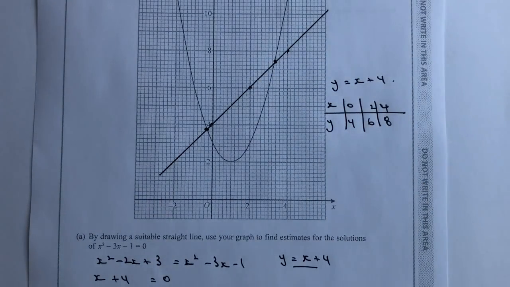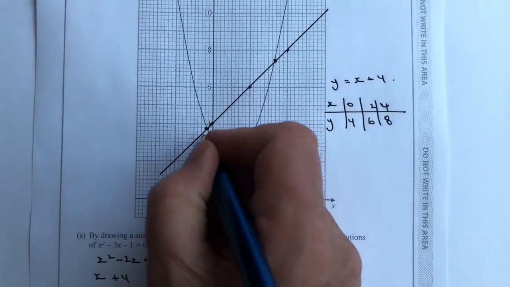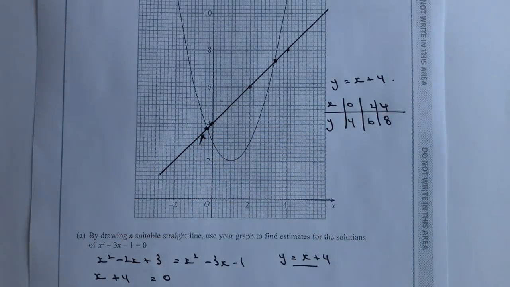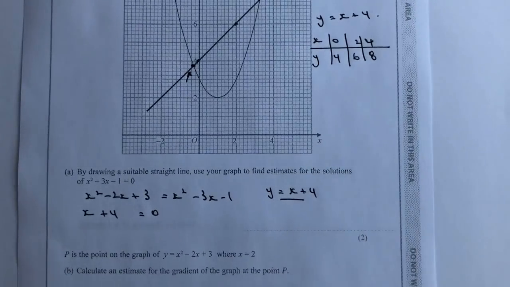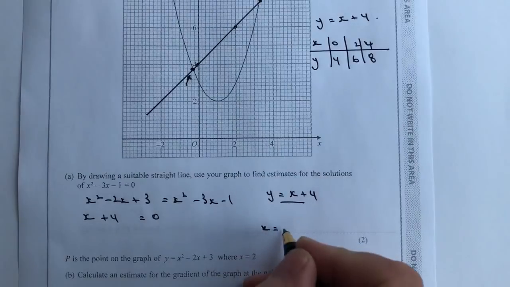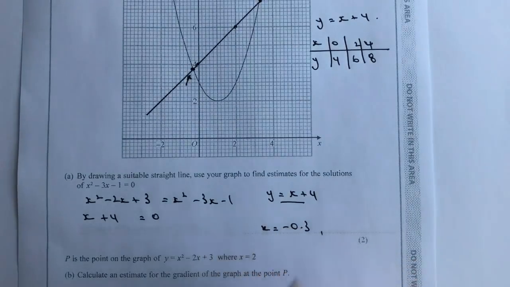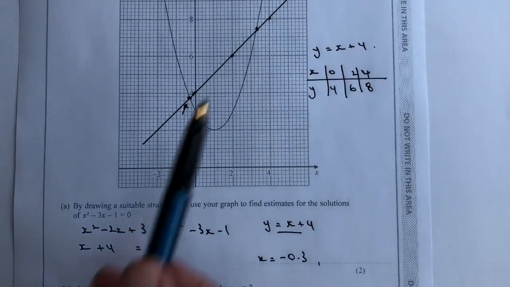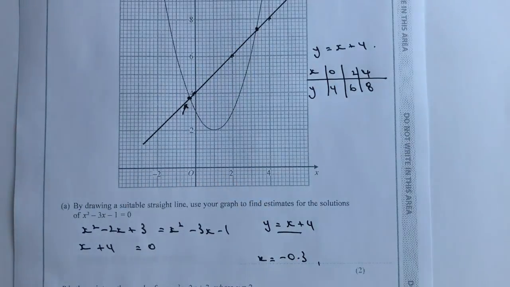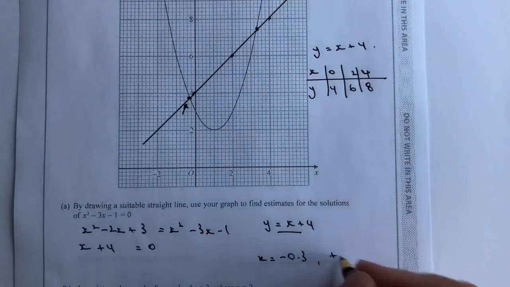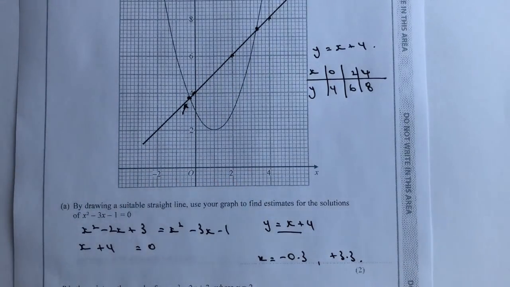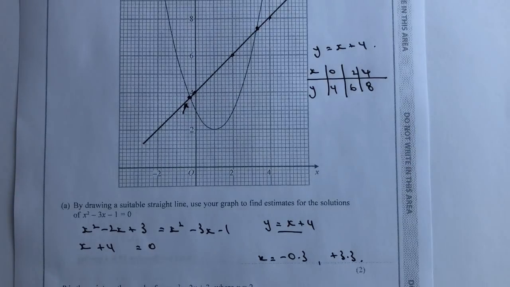So that's my two solutions. The first one is this one here, which is about x equals minus 0.3, and the final one is this one here, which I think is a value of plus 3.3. Okay, hope that's all right for you.